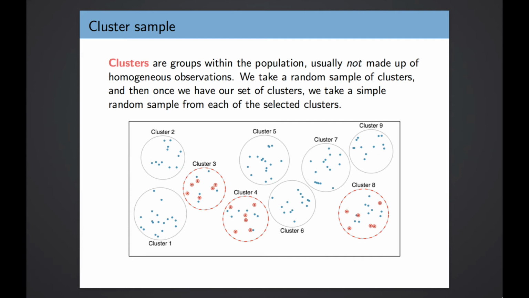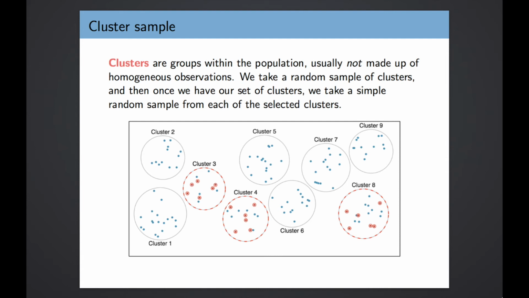So for example, let's say that I was trying to answer a research question about state politics in Ohio. I know that Ohio has 88 counties, but I'm not going to be able to go to each of those 88 counties and survey people in every county. So I'm going to list out the 88 counties, and then I'm going to randomly select, say, 10 of those counties.